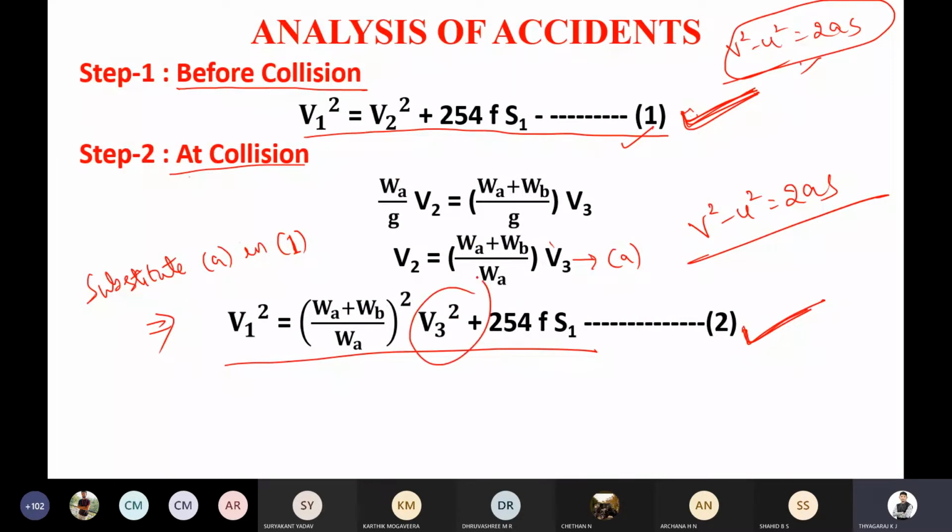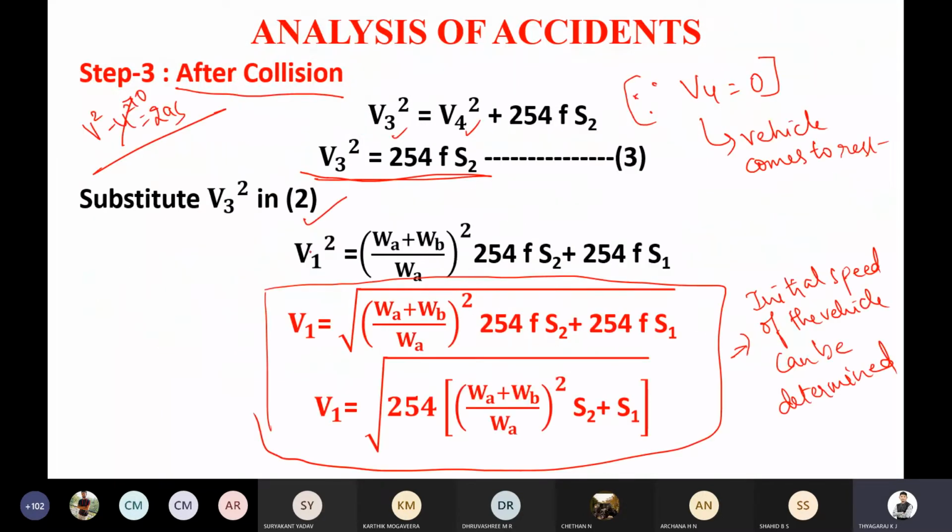So equation 2 implies v1 square is equal to, so V3 square we know that 254 S2 plus 254 S1. So kindly note down the formula whatever I have highlighted in red color. So directly you can get the formula, or you can follow the steps also for determining the initial speed of the vehicle.